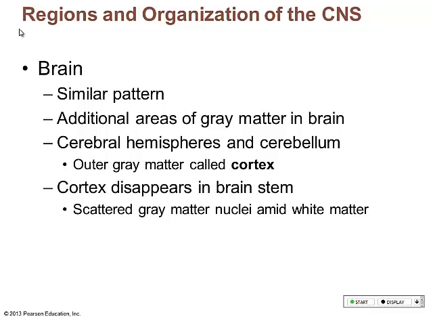Same thing. The gray matter is what? When we're talking about the cerebral cortex, gray matter and the cerebral hemispheres, those are the file cabinets. This is where the nuclei are. This is where the processing takes place. The outer gray matter is called the cerebral cortex.